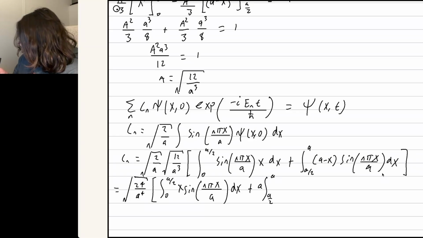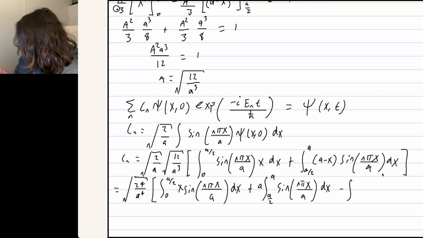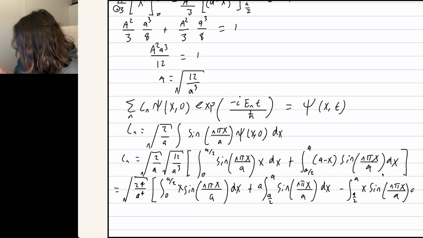You do a over 2 to a, sine n pi x over a dx, and then the other integral is now minus, a over 2 to a, x sine n pi x over a dx.